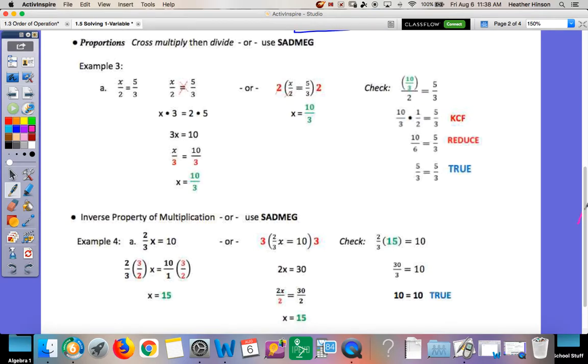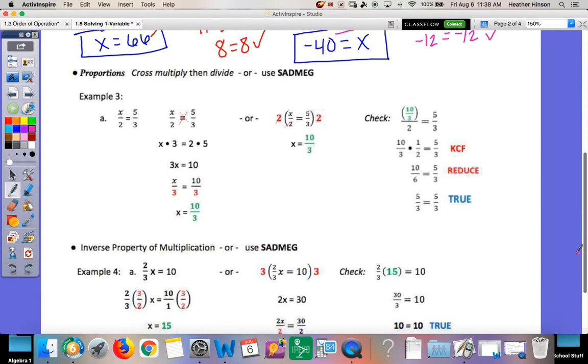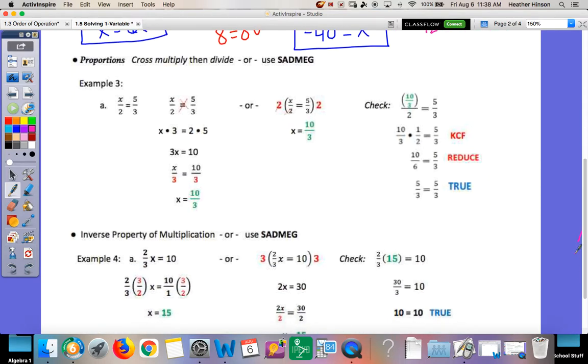Okay, sometimes you're going to get fractions on both sides, and those tend to be a little harder to work with for some people. We have a very easy method to do these. Fractions are just division. We've talked about that a couple times. How do we get rid of division? We do the opposite. What is the opposite? Multiplication.